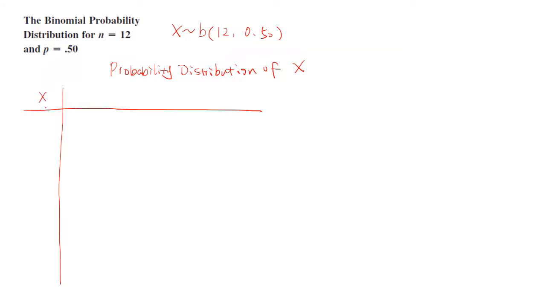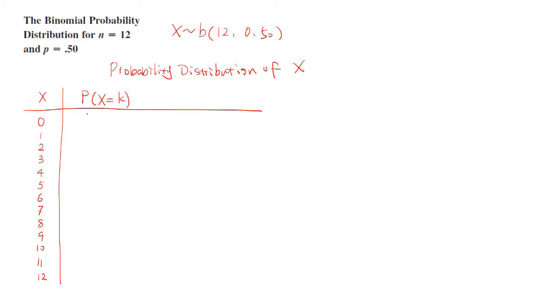First column is the possible values of X, which are 0, 1, 2, 3, 4, 5, 6, 7, 8, 9, 10, 11, 12, right? And the second column represents the probability of X being each value.